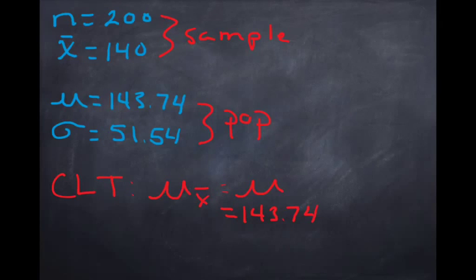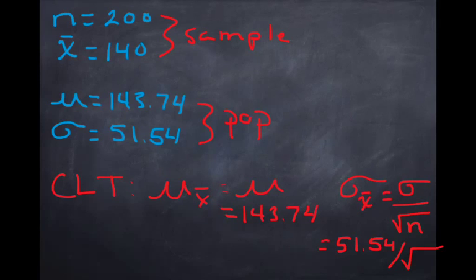The next thing it told us was the standard deviation for x bar. It's the population standard deviation divided by the square root of your sample size. And so what you want to do is take your standard deviation, 51.54, divided by the square root of the sample size, 200.